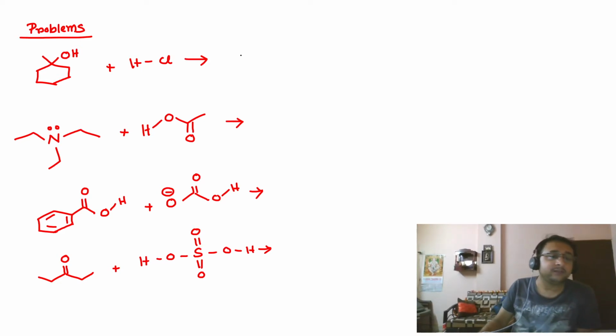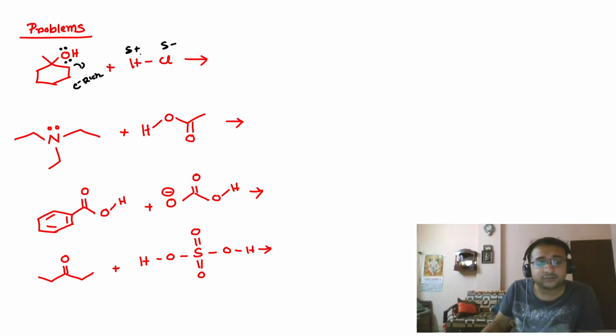Now I am solving some problems. You can see that here this oxygen atom is basically an electron rich center. I have already told you that in case of hydrochloric acid, the hydrogen atom is partially positively charged and chlorine is partially negatively charged. So this is an electron deficient center.